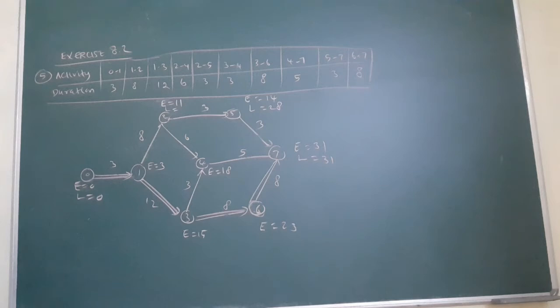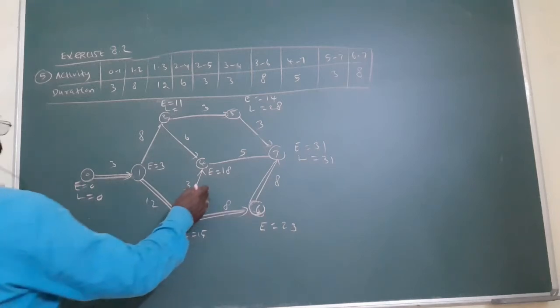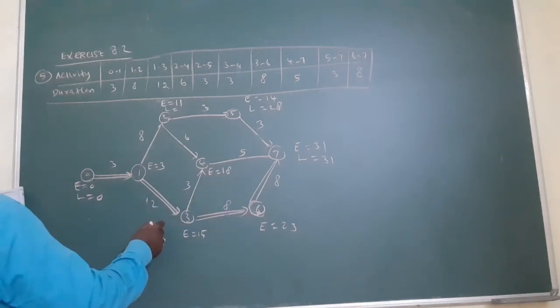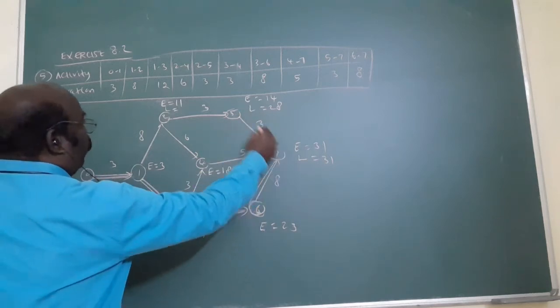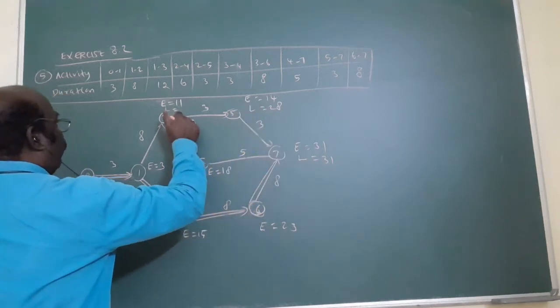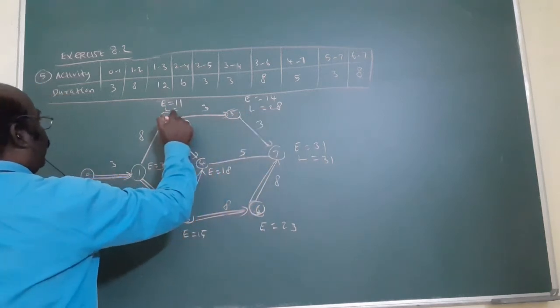That is not the maximum number. Consider this one, from here to here. From here to here, 28 minus 3, 25 will come.